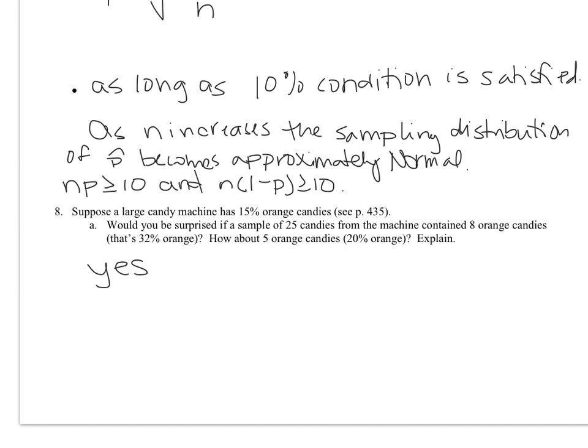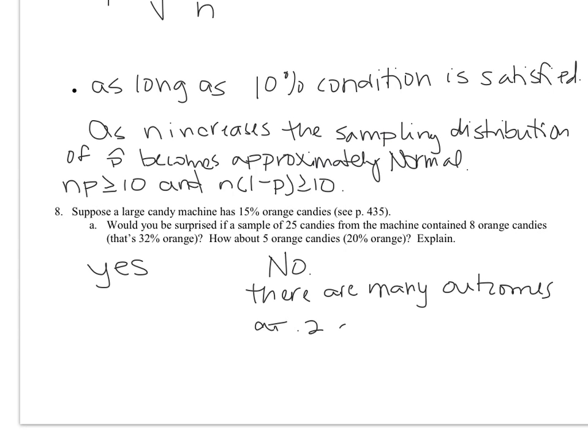Now, how about 20%? Would we be that surprised? We see that 20%, 0.2, is much closer to the mean, and it'll be a higher percentage, much more than 5% if you look at the percentage of shaded area from 0.2 over. Picture it being shaded. So our answer is no, we're not surprised, because there are many outcomes at 0.2 or above.